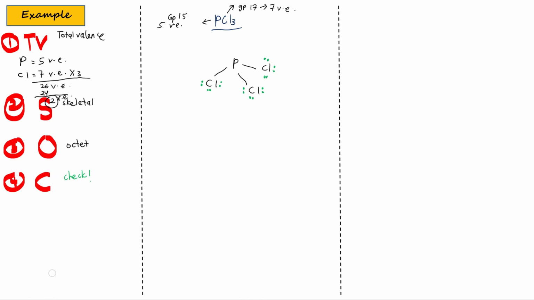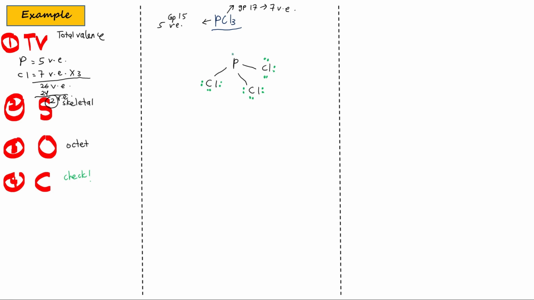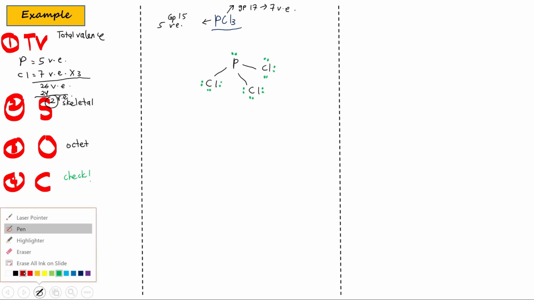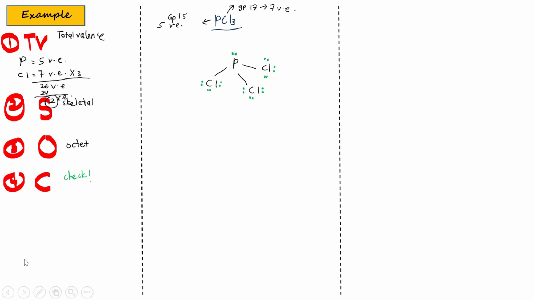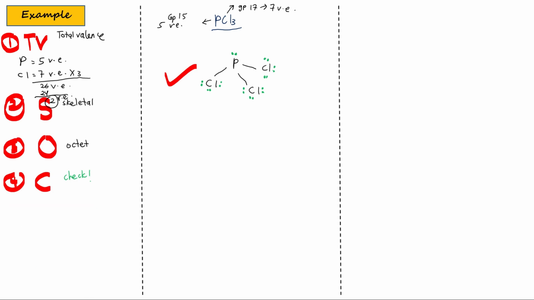Yes, we need to put them on the central atom. Now the phosphorus has how many electrons surrounding it? 2, 4, 6, 8. So now the central atom, phosphorus, is also stable and achieves the octet configuration.